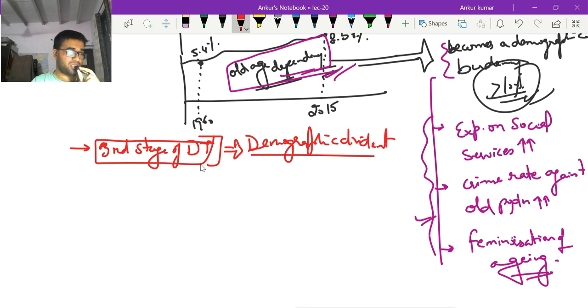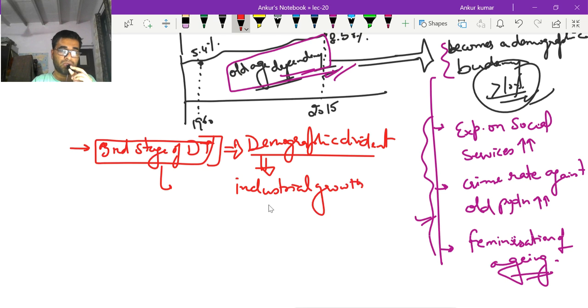In case of Haryana, Punjab, and many other states, the young population is increasing, and this in turn fuels the industrial growth of the country, because they provide the skilled population, unskilled population, labor force, all kind of capital.